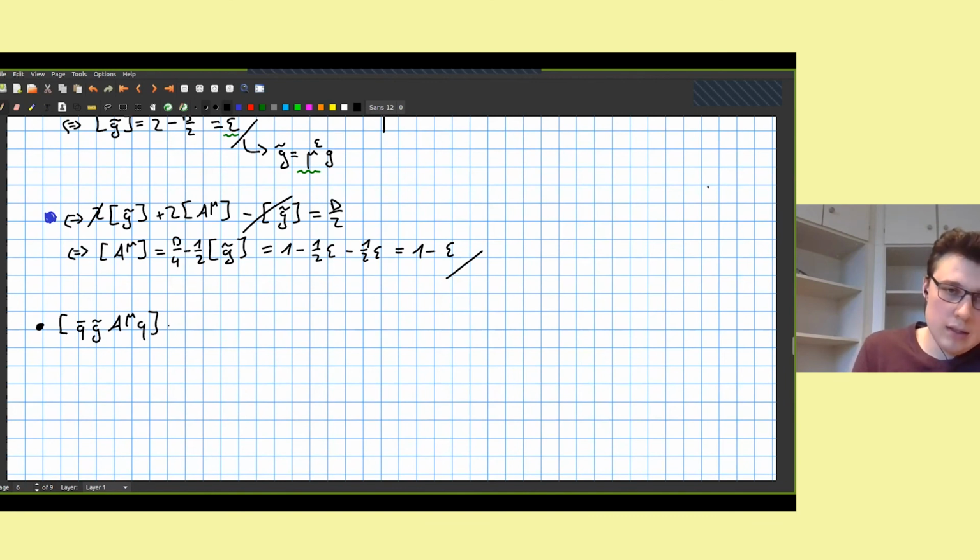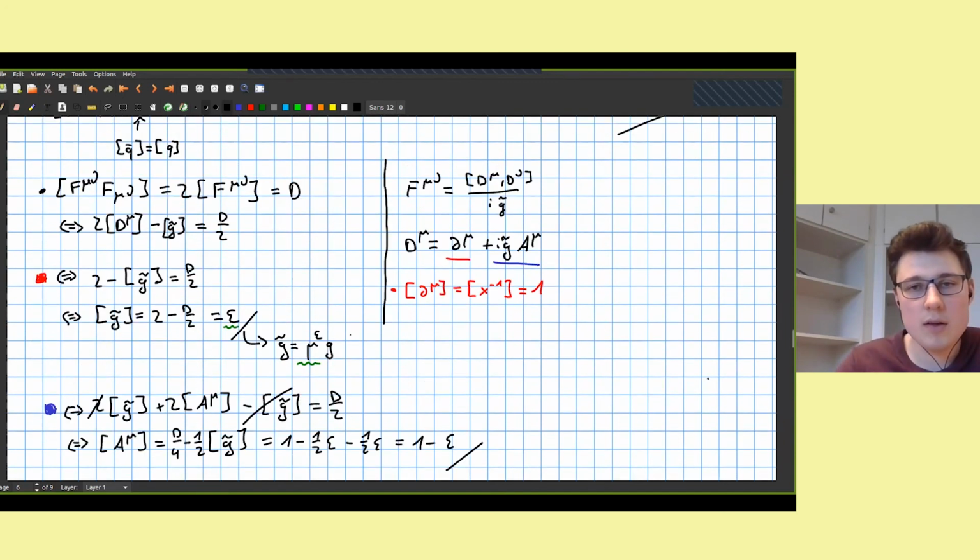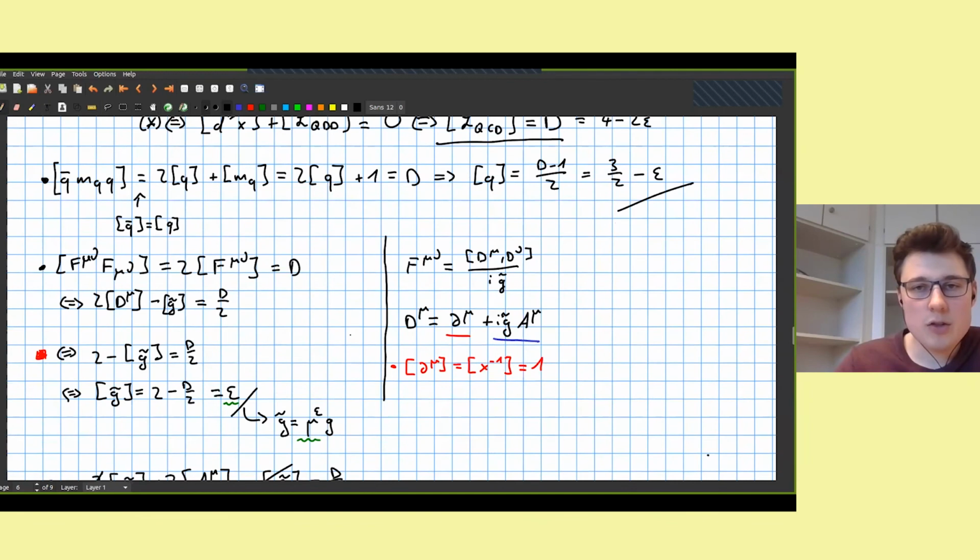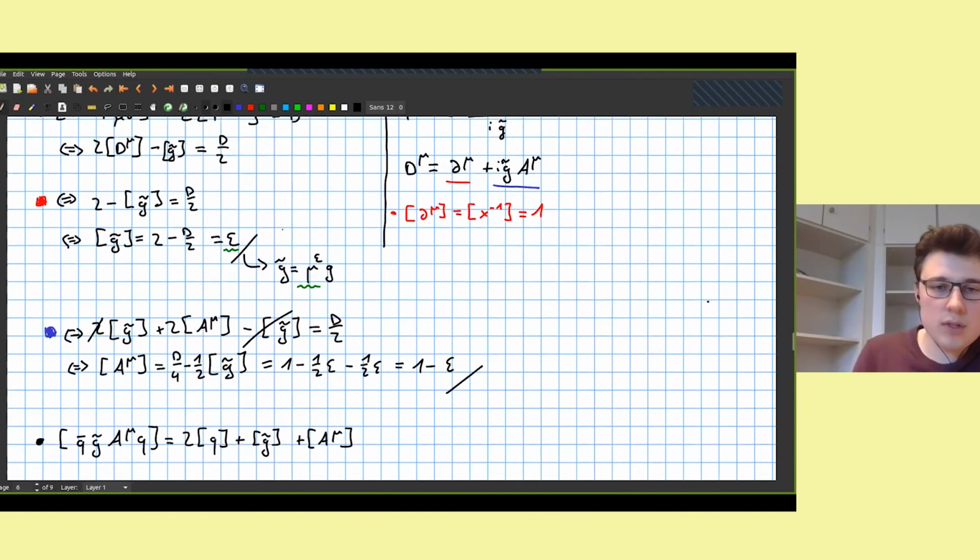I'm leaving out the gammas and the i's and whatever, everything that has no mass dimension. So let's have a look. We find two quark fields. This gives us two factors of Q. This gives us also one G twiddle and one mass dimension of A mu. So let's insert everything. Mass dimension of Q was 3/2, so 2 times 3/2 gives us a 3.